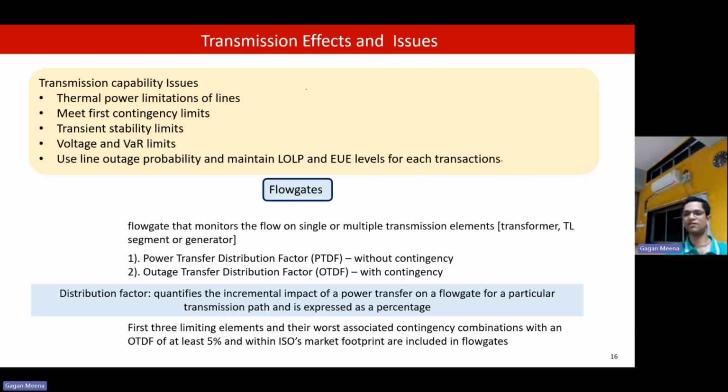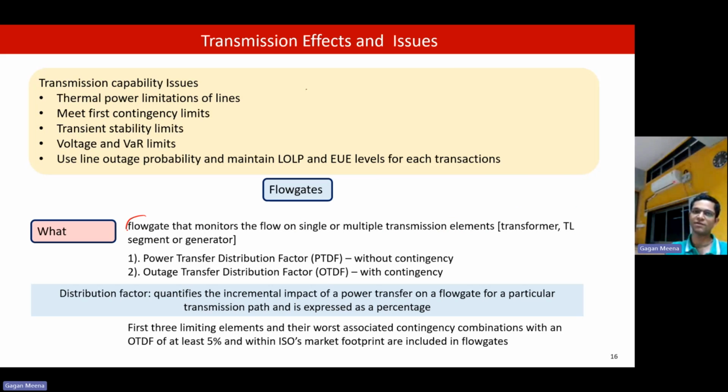For that, we calculate the total transfer capability and available transfer capability, and we have this term called flow gate. What is a flow gate? It monitors flow on single or multiple transmission elements, and these transmission elements can be a transformer, transmission line, or generator.